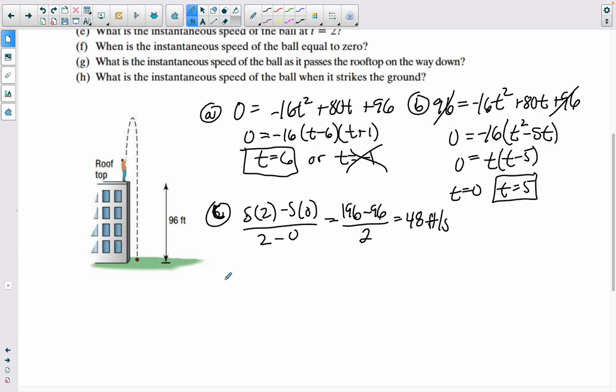Letter D, what's the instantaneous speed of the ball at t naught? So this is, what is the derivative of, so I'm finding s prime of t.